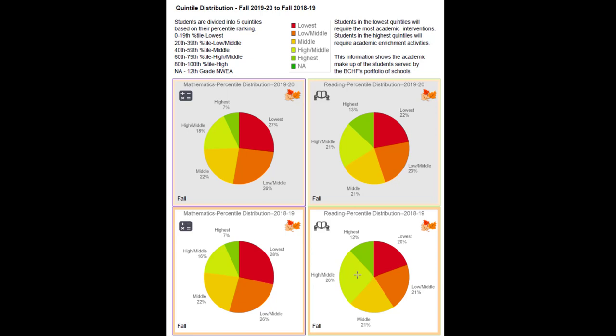It would be fall to winter and then fall to spring of the current year. But here we're looking at a particular makeup of our school for students and where they rank percentile-wise. This gives you a nice visual of the change. And as I mentioned, for this particular one, we don't see much of a change from one administration to the next.